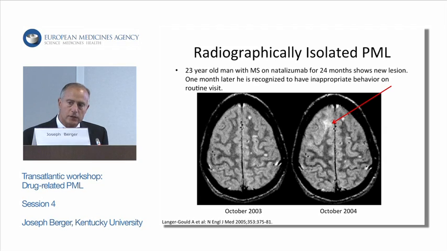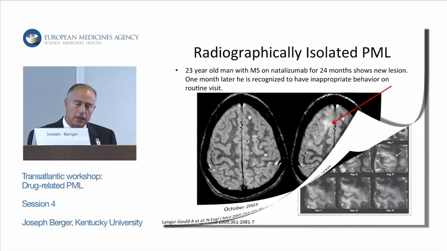And initially, they assumed that this was due to multiple sclerosis. At that time, they didn't describe any clinical abnormalities. It wasn't until a month later that he was noticed to be behaving strangely. So this would have been regarded as radiographically isolated MS.